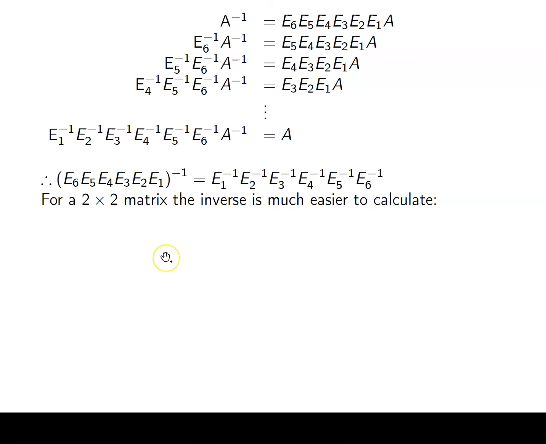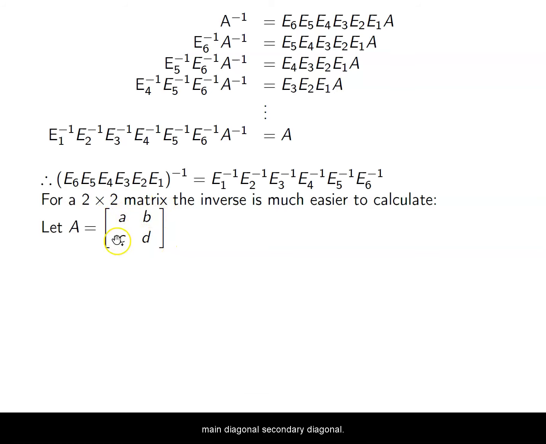of a 2x2. So if this is my matrix A, B, C, D, to find the inverse, what's going to happen is this diagonal is going to swap positions. So you'll have a D here and an A here. Okay. C and B will turn negative. So you swap these positions on the main diagonal.